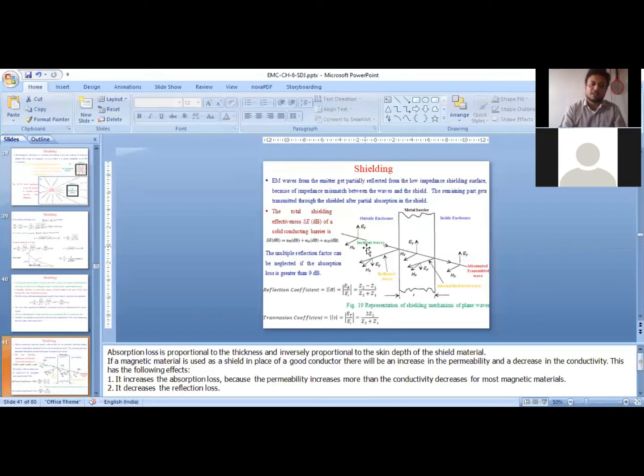Shielding effectiveness depends on the reflection losses, the absorption losses, and the internal reflection losses. One can calculate the shielding effectiveness by adding the three losses. These three losses should be as high as possible. Shielding effectiveness should be infinite in the ideal case. However, practically it should be as high as possible.